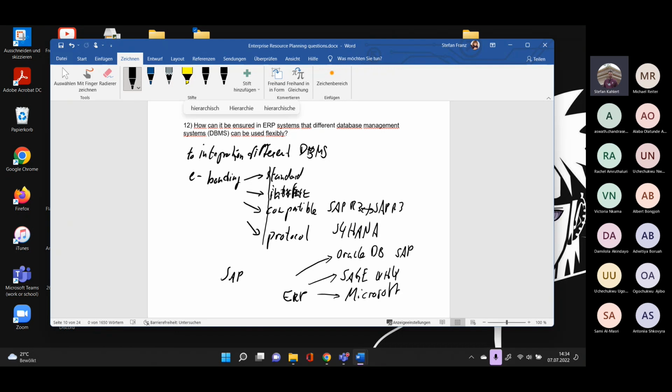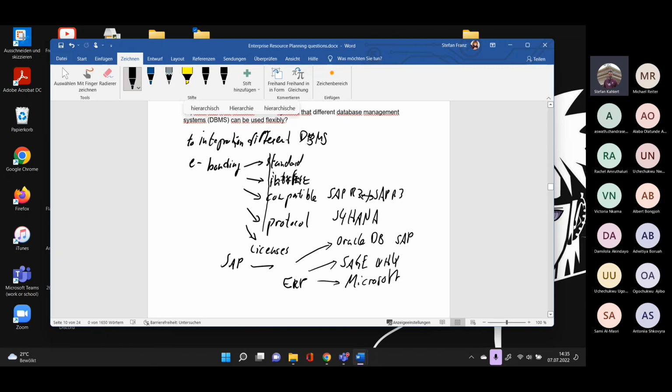They often try to do it with their software, but it doesn't work because their software and the software of the next clinic where they want to transfer the patients are not compatible, or you have to buy a subscription license. So this is another dimension. Sometimes you need licenses to do so. Even if you connect an SAP system with another system, you may have to pay a license fee.